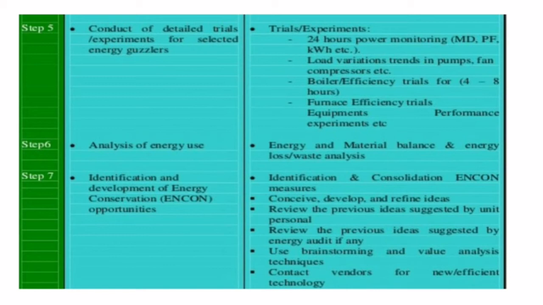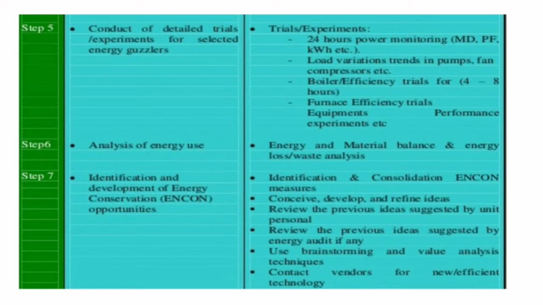So once the analysis is done, here in step 7 they will identify the ways through which we can overcome any problems. They will go through the ideas which are given by the personnel.